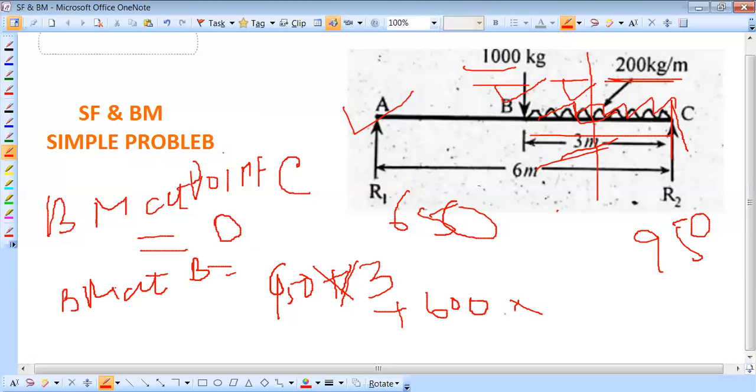So if it is calculated, 950 into 3 is 2850, and 600 into 1.5 is 900.